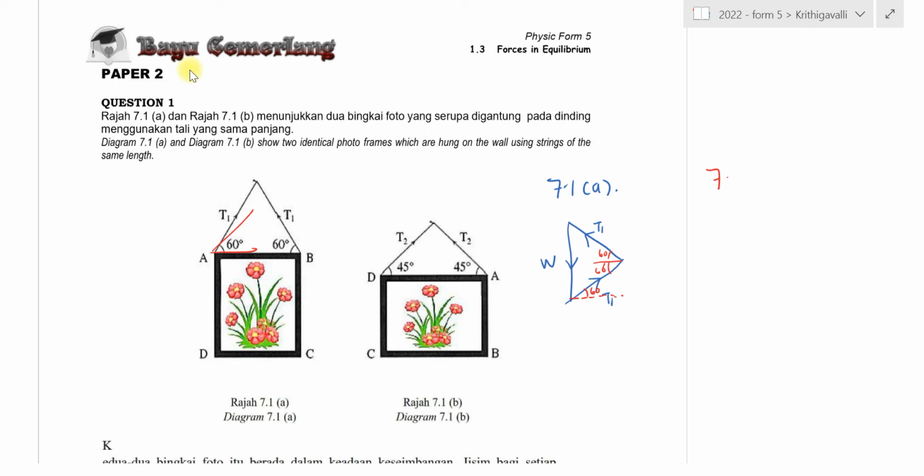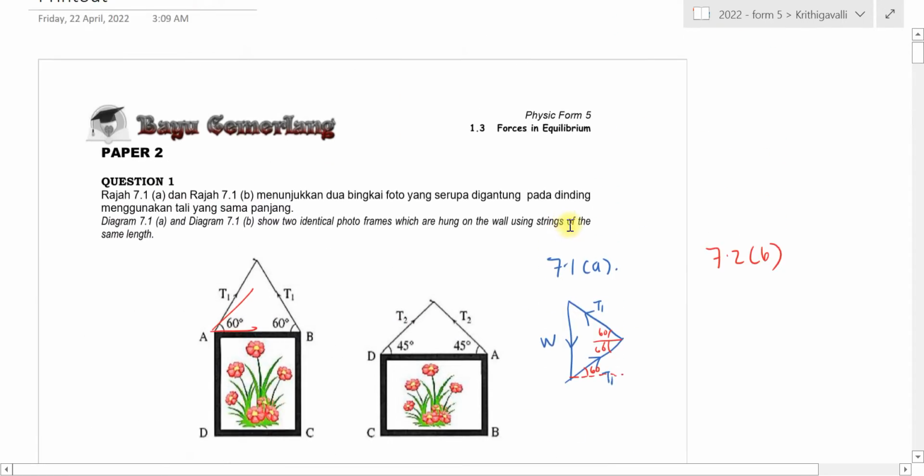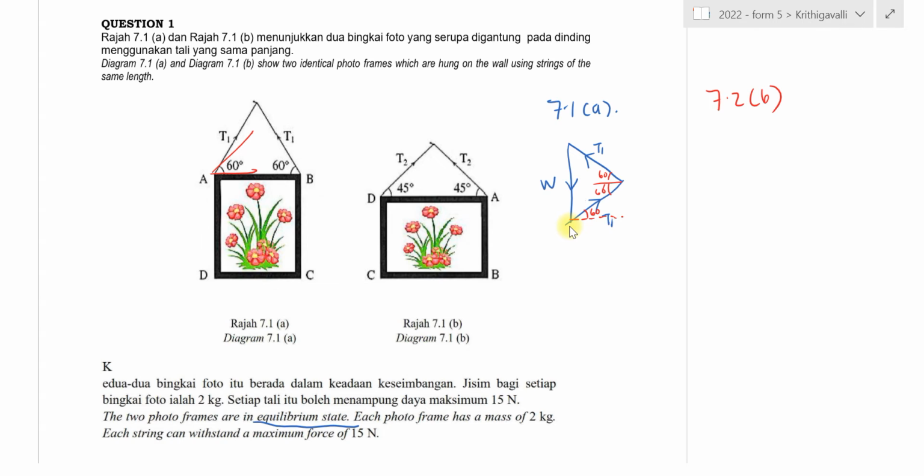Okay, for 7.1b, you just draw using a bigger version of this triangle. I just show you the shape only. All right, the same thing happened to here. So what's the difference? Maybe if they ask you a question like this, you might want to measure the angle properly here.